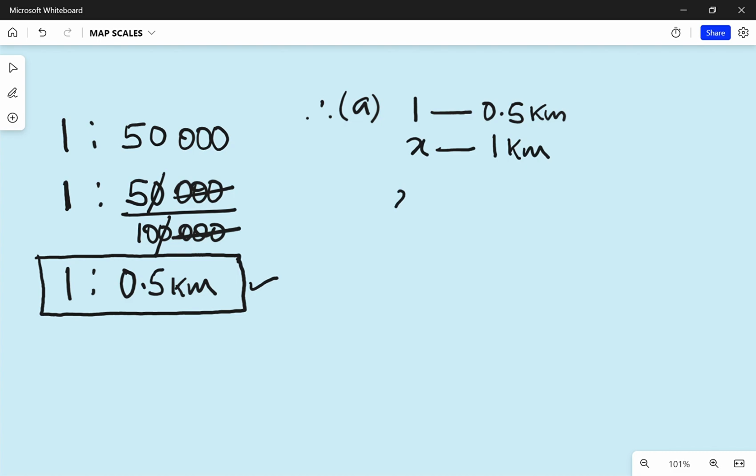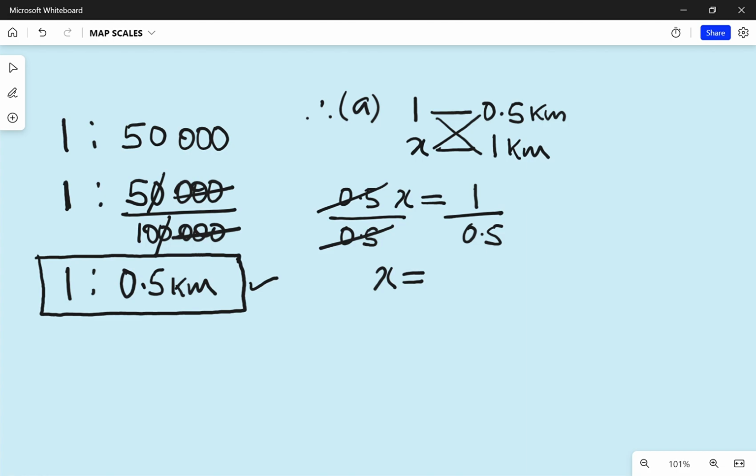I'll multiply this: 0.5x is now going to give me 1. So divide both sides by 0.5. This and this will go. So x is now going to give me 2 centimeters. That is your solution. Very simple indeed. Part A dealt with. Let's go to part B.